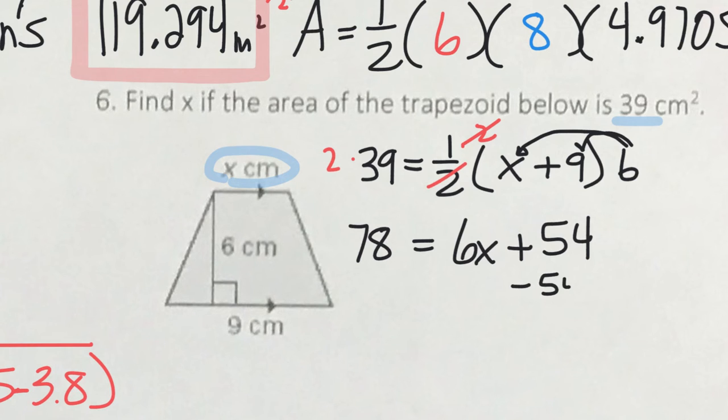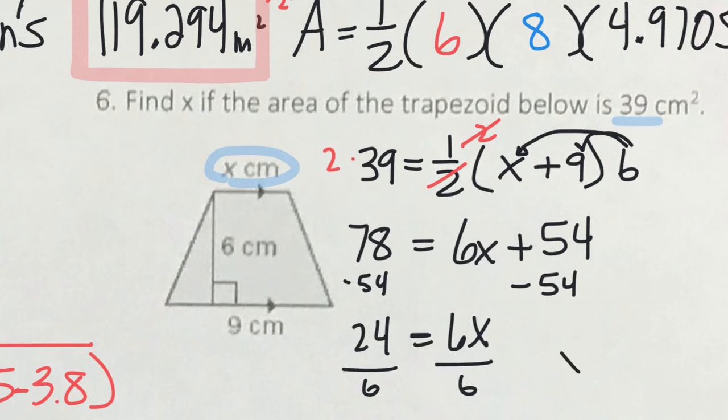Algebra says now we subtract the 54 from both sides. Then 24 equals 6 times some number. Dividing by 6 means we have a base length of 4 centimeters.